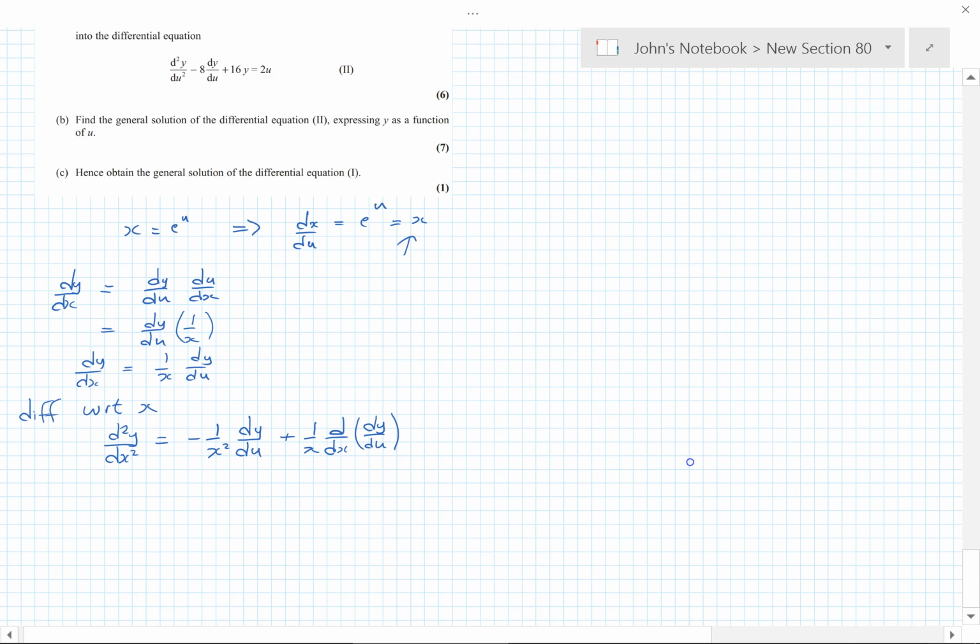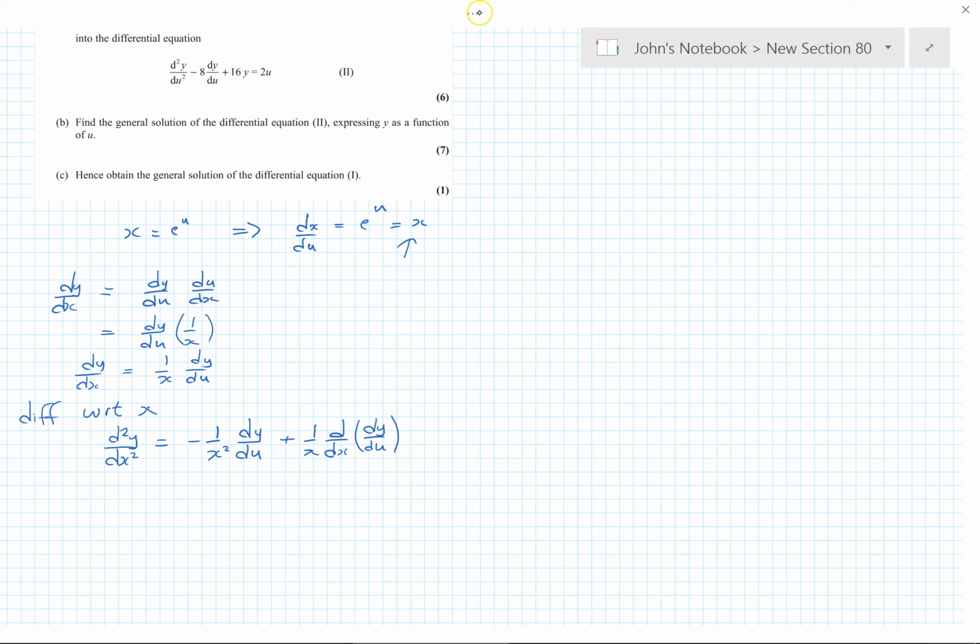It's actually minus 1 over x squared dy by du plus 1 over x. Now, if I differentiate it with respect to u, I can do that, but then I have to compensate by times by a dy by dx. I'll annotate that separately.